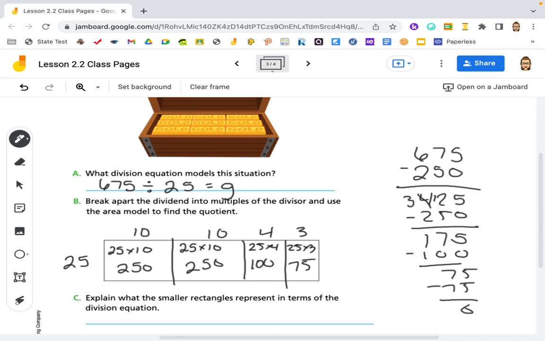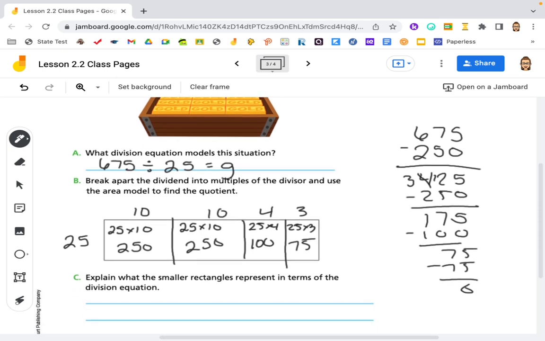So then it says, explain what the smaller rectangles represent in terms of the division equation.